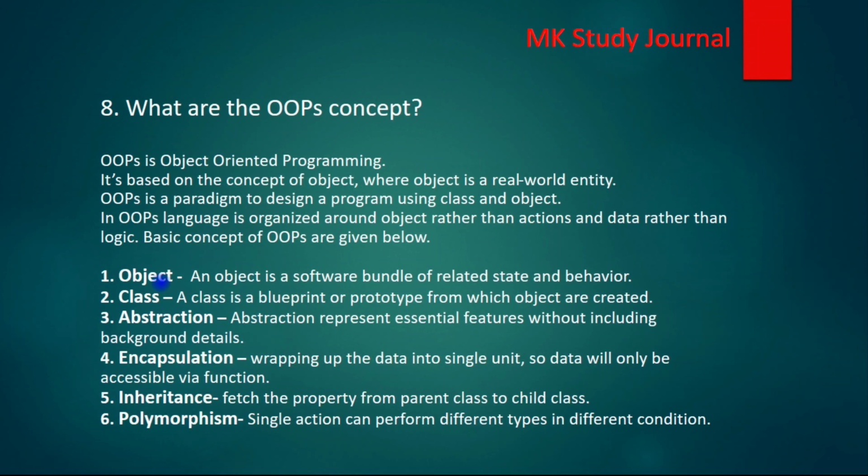Inheritance is fetching the properties from the parent class to the child class; that phenomenon is called inheritance. And polymorphism is where a single action can perform in different ways in different conditions; overriding is an example of polymorphism. So that's it on the OOPs concepts.